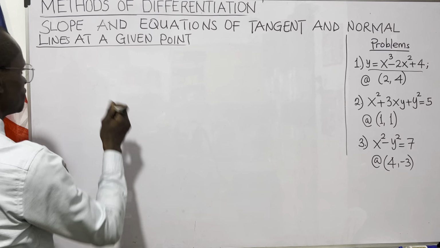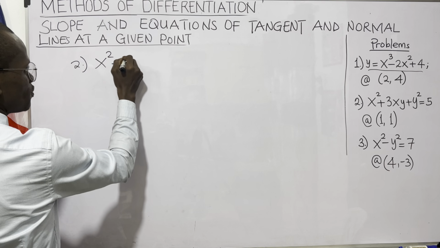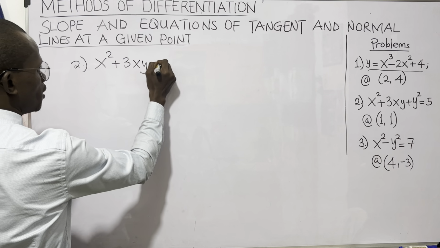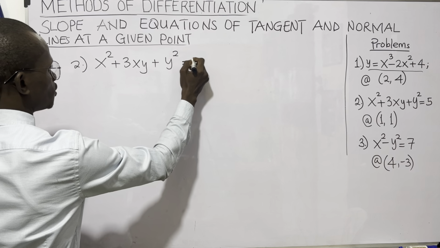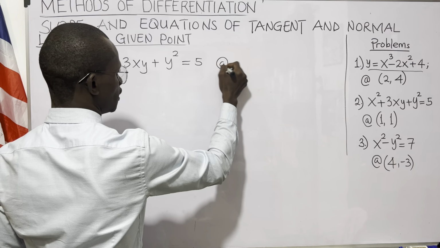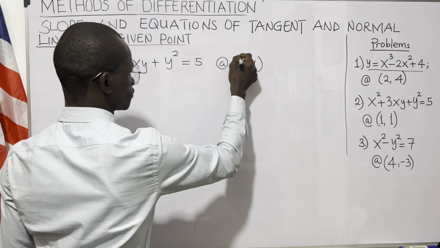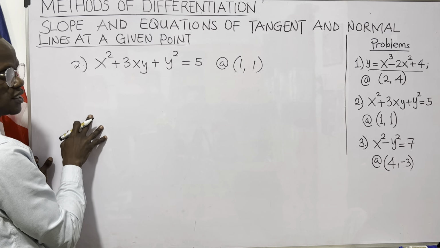So the second problem says x squared plus 3xy plus y to the second power all equals 5 at (1, 1). So there's the point of tangency. So we first find the derivative.